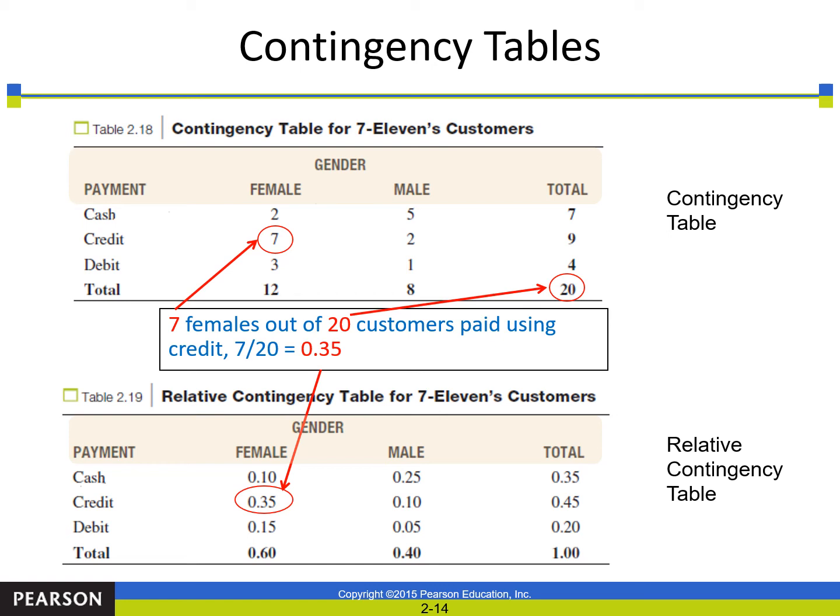On the bottom here, we continue to work with the contingency table, but now we rewrite all of our observations as proportions. And what do we do here? We divide our values by the total. Okay, so the total is 20. So 7 out of 20, that's your 0.35. That's the value that goes here. And you can check real quick that all of these values, 0.1, 0.25, if we add them all up, we get 1.